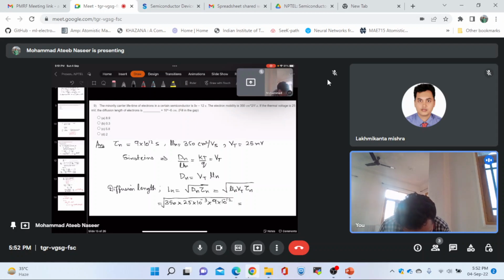This will give it to be equal to 88.7 into 10 raised power minus 7 centimeter, but we have been told to report it in the minus 6 unit, so it will simply be equal to 8.87 into 10 raised power minus 6 centimeter, and the closest option over here is 8.9. So we will choose 8.9 because 8.87 is approximately equal to 8.9. So we have solved this problem as well.